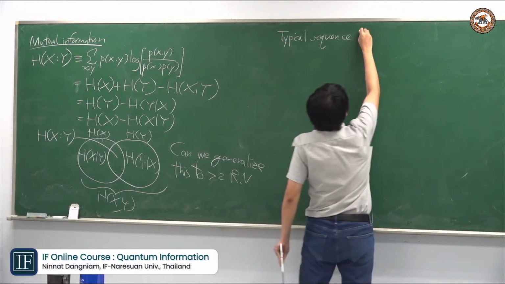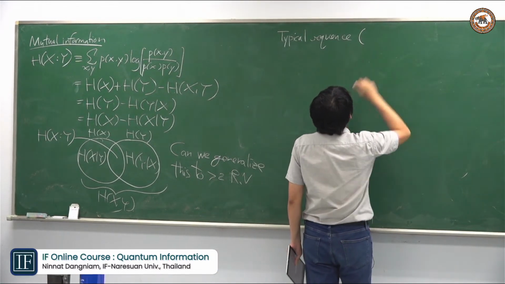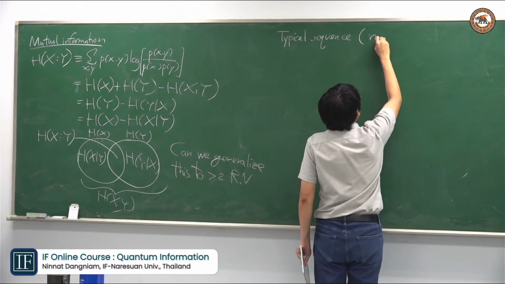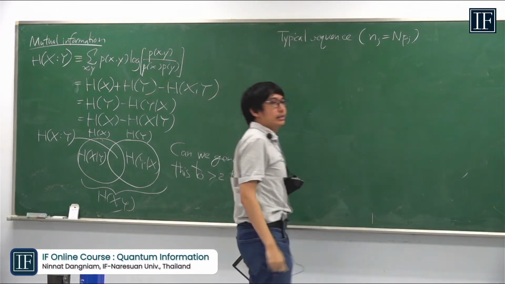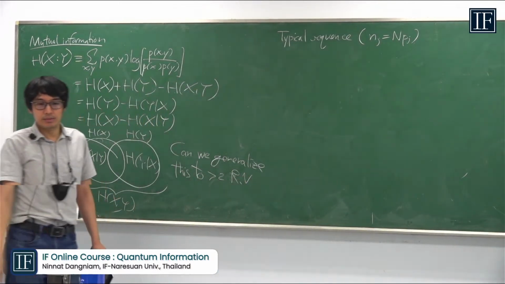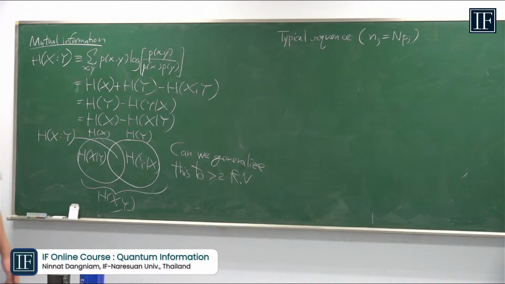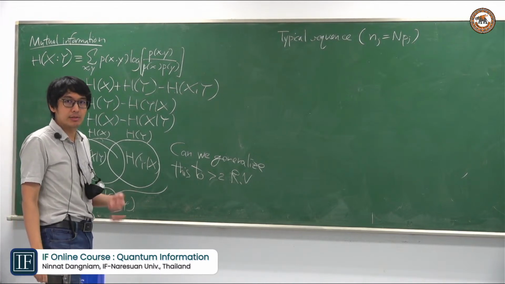We consider a typical sequence, which we define such that the number of occurrences is exactly the expectation value, that is, the long-run frequency of the events happening is exactly the expectation value.